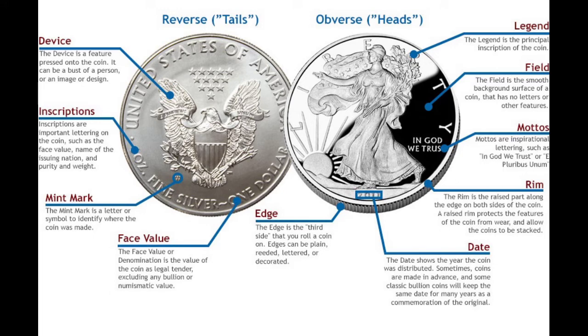Somebody took the time to make these diagrams, which is good, because say you're looking at a token or a coin on eBay and the seller references the field.